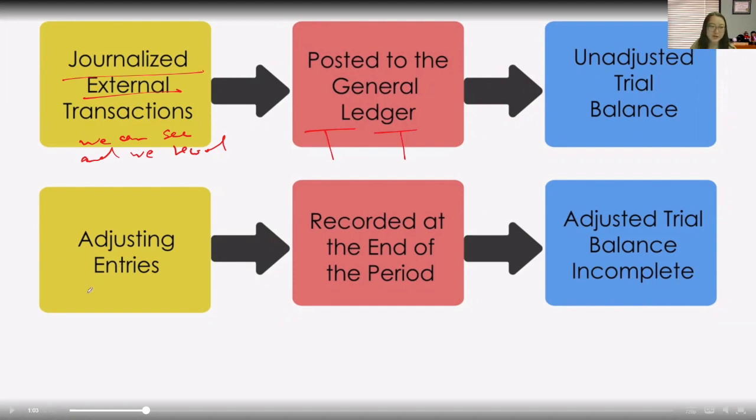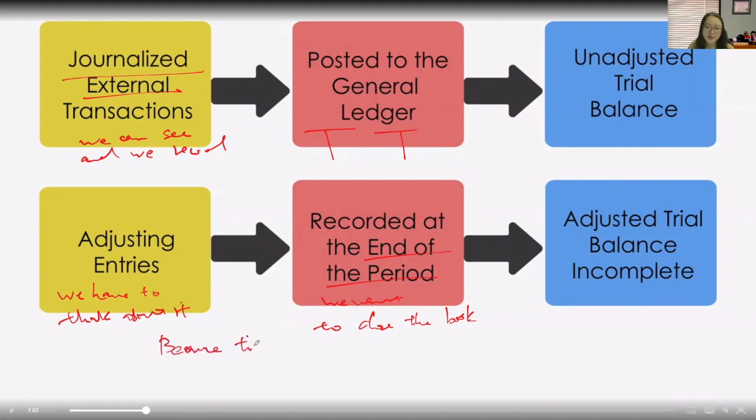But the adjusting entries, we have to think about, because these things always happen at the end of the period when we want to close the book. This is what's going to balance the book. Sometimes it doesn't balance.